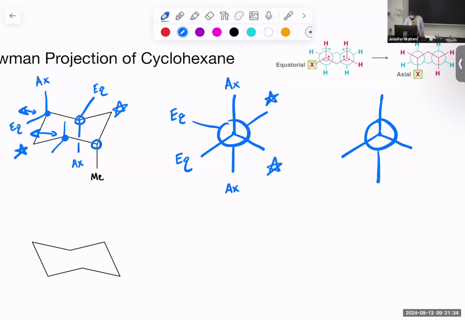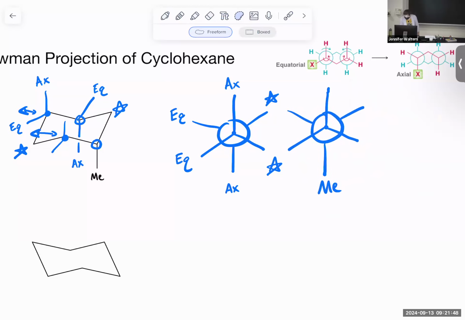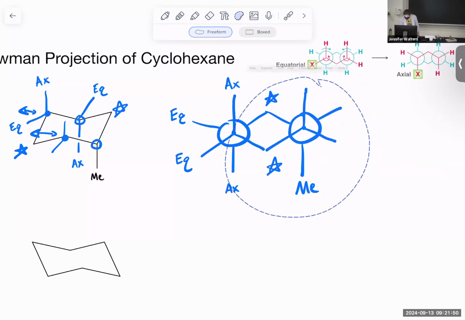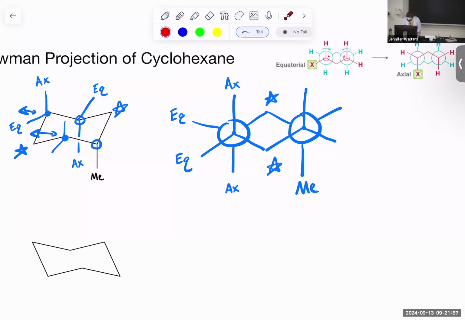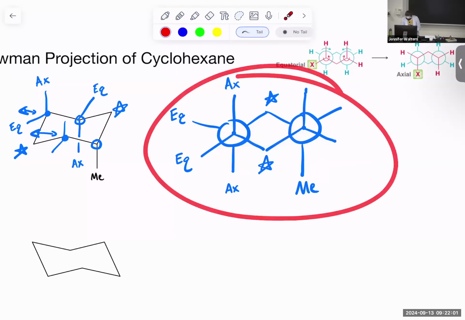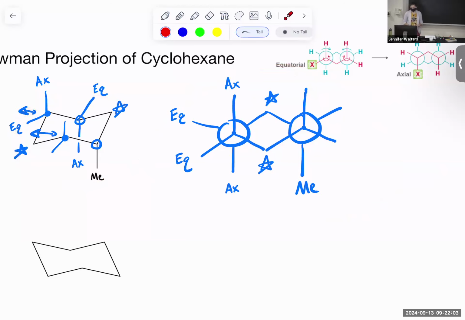So that goes straight down. That's where I get my methyl. And I get a normal shaped Y. So then now I'm going to open both of my eyes together, and I'm going to converge the image so that now they come into view together to see that this is my Newman projection of that chair.